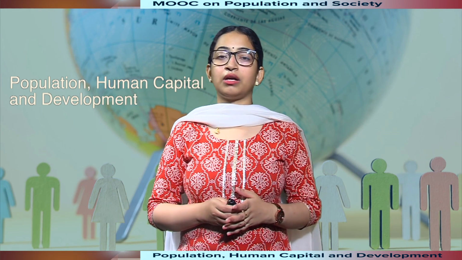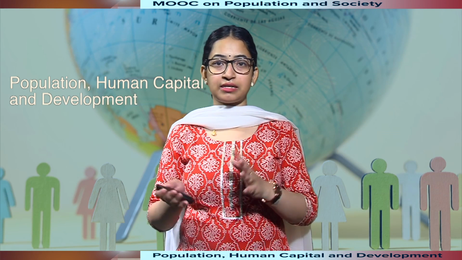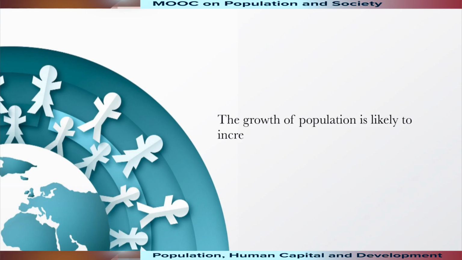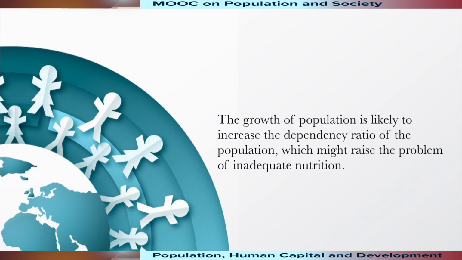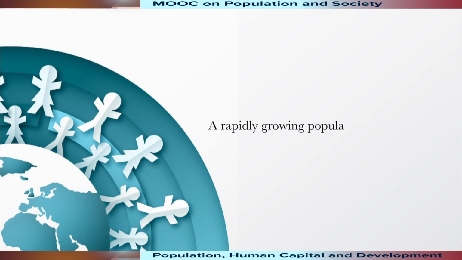Then, if we consider a different instance, the growth of population is likely to increase the dependency ratio of the population. That is, a large number of children and old people compared to the economically active sections of the population. This might raise the problem of inadequate nutrition. Then a rapidly growing population also leads to the problem of shortage of food supply.